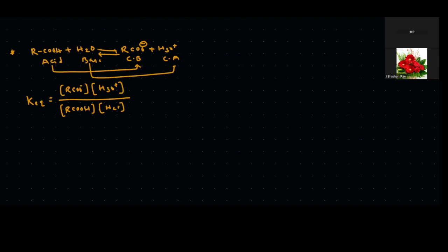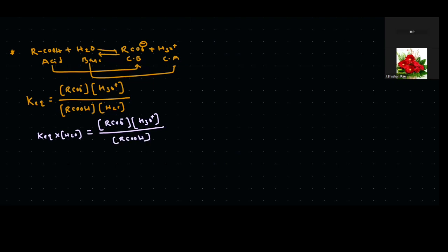If the water concentration is brought to the left-hand side, K equilibrium times the concentration of the pure liquid equals the concentration of RCOO minus times the concentration of H3O plus, divided by RCOOH, the carboxylic acid.